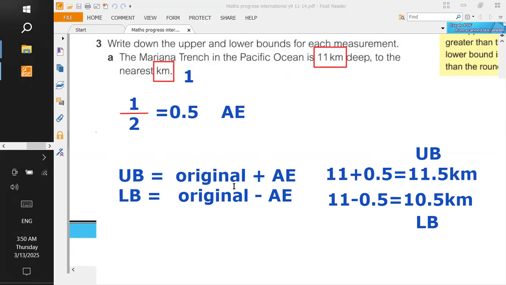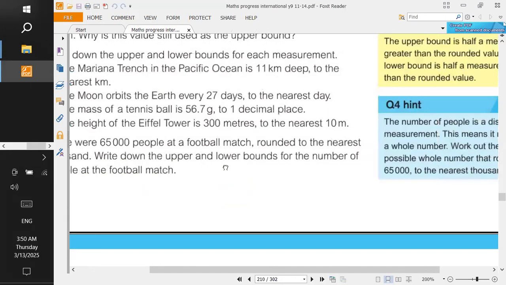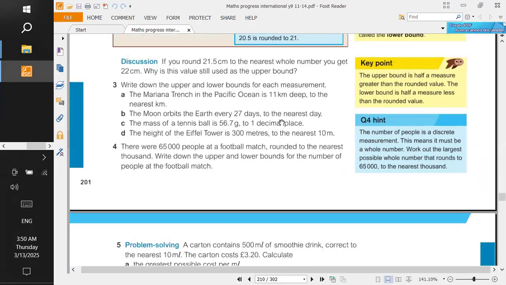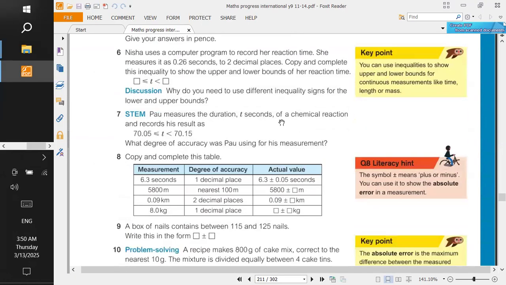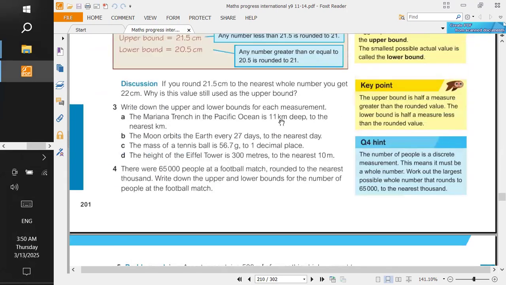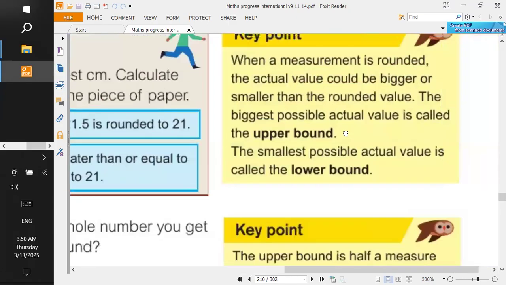Now, you need to understand that the upper bound and lower bound, sometimes they call them other names or other words. For example, here, sometimes they call them the maximum or the highest number or the highest measurement. You need to understand this so you understand the questions. Sometimes they tell you the maximum point or the smallest possible point, like this.